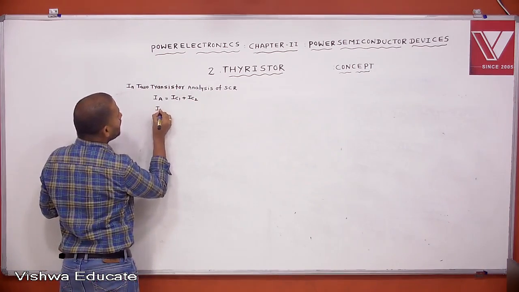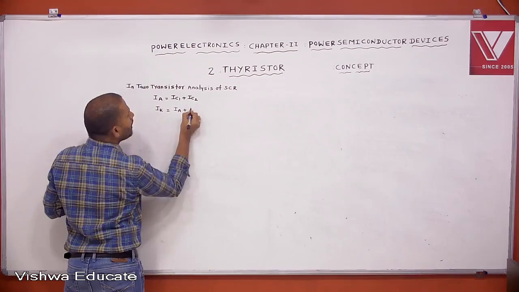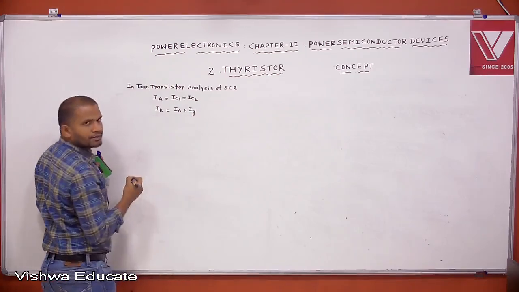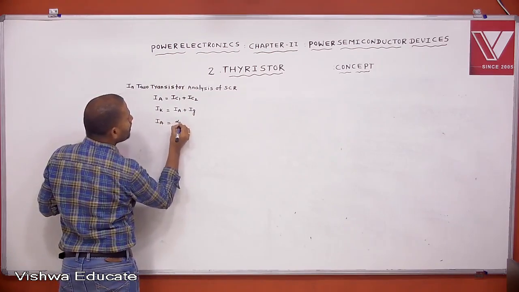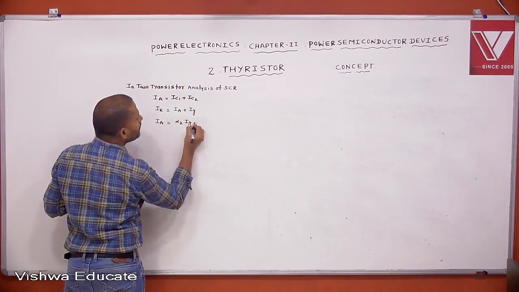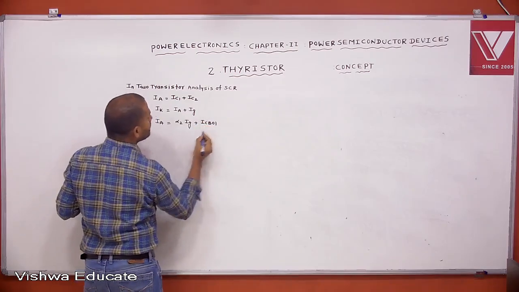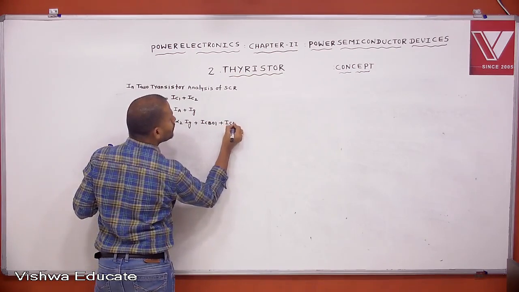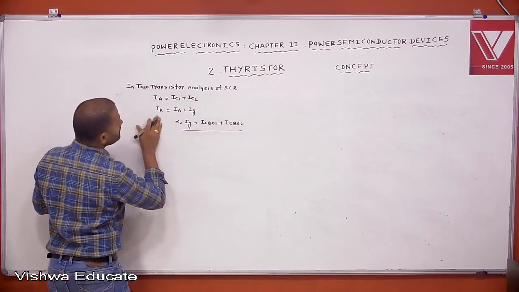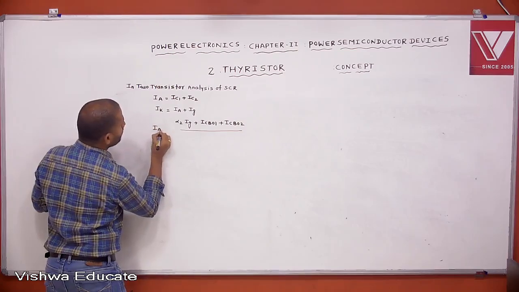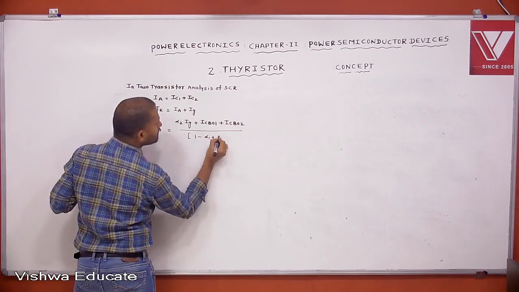Then cathode current is equal to IA plus IG, anode current plus gate current. Then IA equals alpha 2 IG plus ICB01 plus ICB02 by 1 minus alpha 1 plus alpha 2. This is the equation for IA.